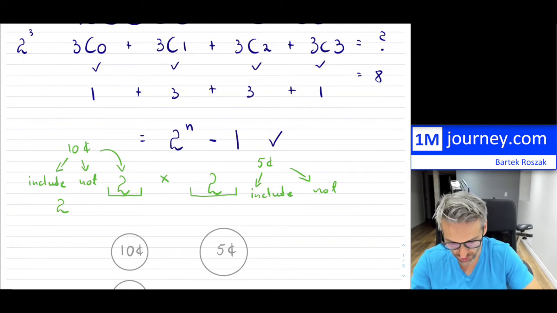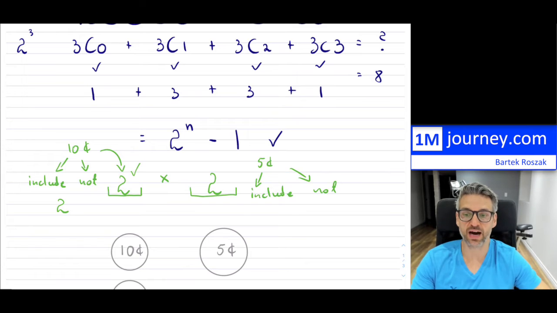Where I have 2 ways of picking something, either picking it or not picking it. And then the second item, again, I can either pick it or not pick it. So that would have been 2 times 2, which again would have given me 4. And that's actually where the formula comes from. So that's 2 to the n, because each time I have 2 choices to pick from, either include something or not include something.